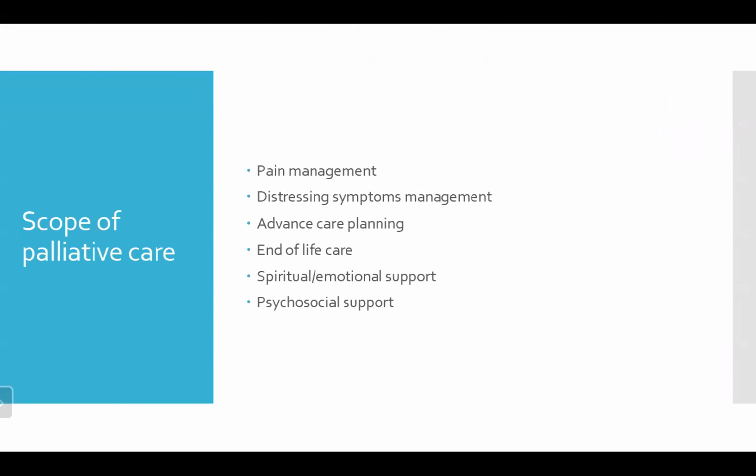There is advanced care planning, which involves having discussions with patients and their families about the kind of care they would want to receive in case of deterioration, poor health, or in case they are not in mental capacity to make decisions. We also do end-of-life care, spiritual, emotional support, and psychosocial support. And this psychosocial support includes also transitioning the patients from hospital setup to community setup after they've gone through treatment.